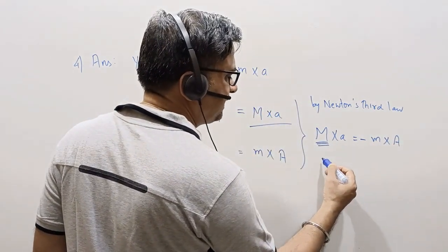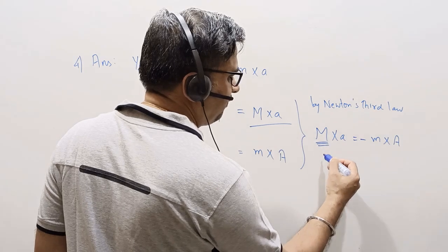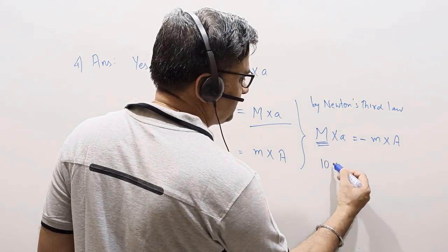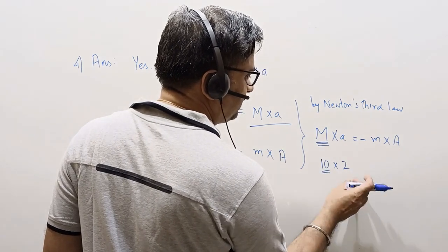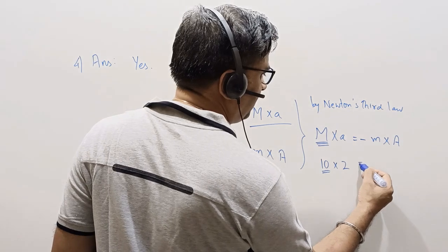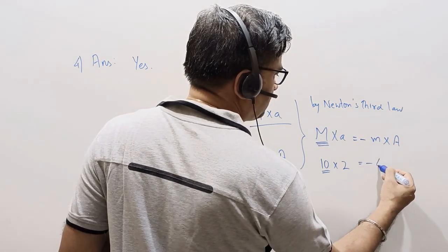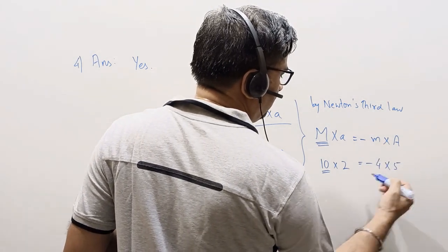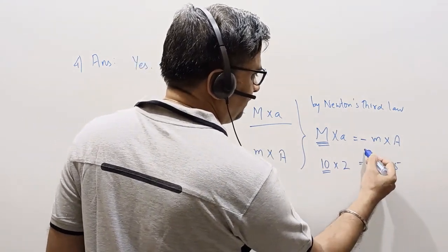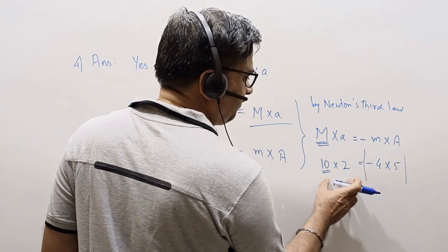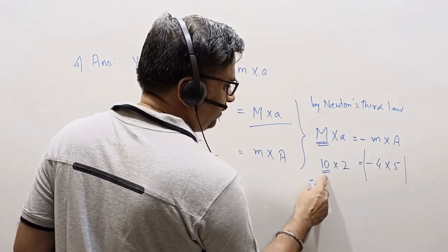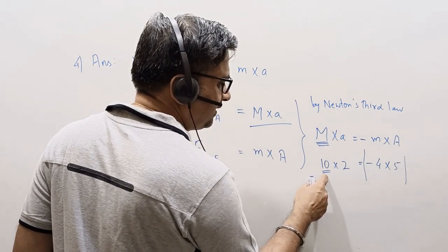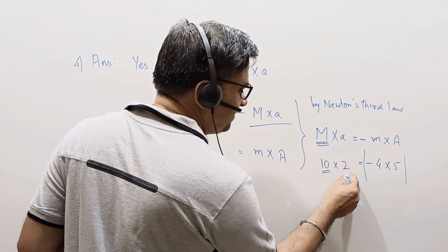It's something like this. Let's say we have 10 into 2 is equal to 20. In this case, let's say this is the mass of the earth, so its acceleration is very small. On the other hand, if this is to be minus 4 into 5, you agree that the numeric value of this is equal to this. Therefore, if the mass of this is huge, its acceleration is very small.